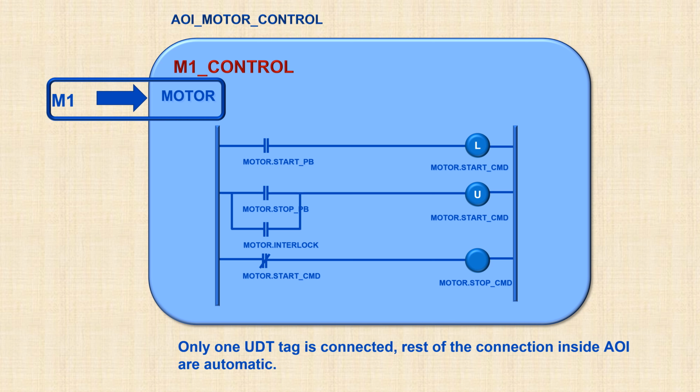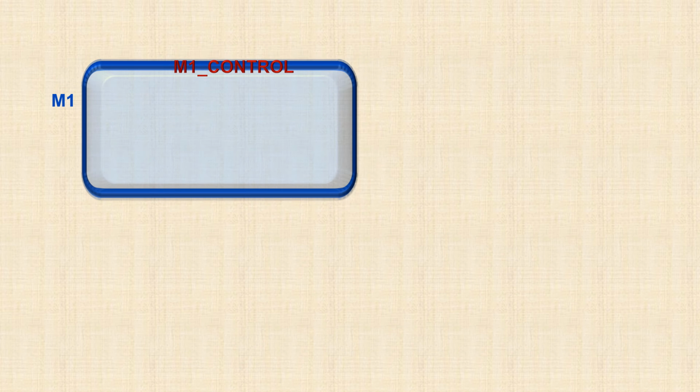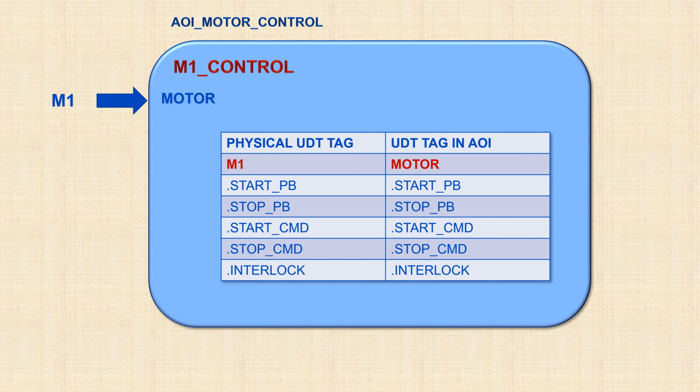Notice we have only made one connection. Individual connections will be automatic. The connections shown are made automatically. Notice we only have to make one connection, and as long as this connection is correct, we don't have to worry about the individual connections, as the system takes care of them automatically.